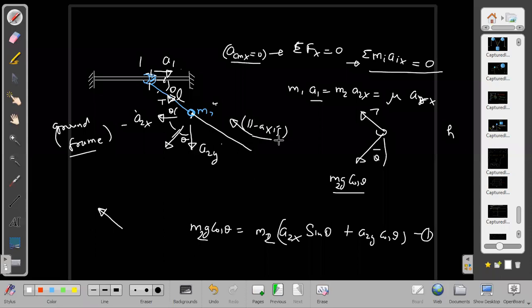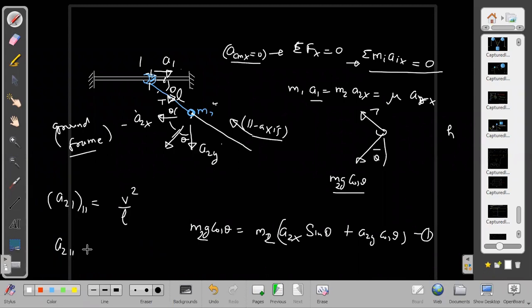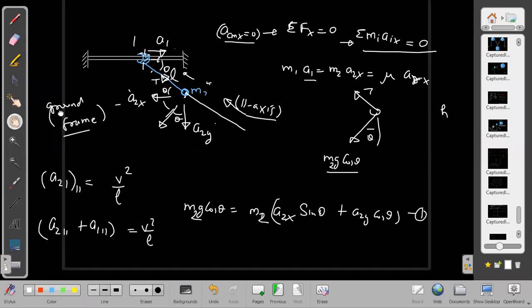Parallel to the string. So along this parallel axis, I will take the components for A1, and I will write this equation: the acceleration of 2 with respect to 1 along the parallel axis has to be equal to v square by L. Acceleration of 2 along the parallel axis will be pointing this side, and A1 is in the opposite side, so if I add, plus A1 parallel, that is equal to v square by L. Now I have to write A2 parallel and A1 parallel.